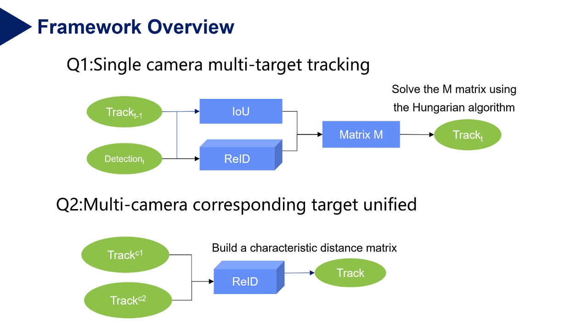We use matrix modification on the IOU matrix and the characteristic distance matrix to find the new A matrix. Finally, the Hungarian algorithm is used to solve the matrix, and the trajectory track T for a single camera at time T is obtained.